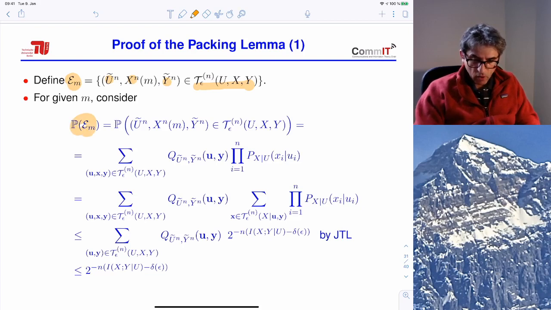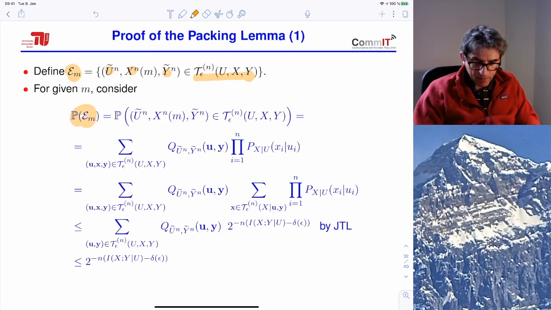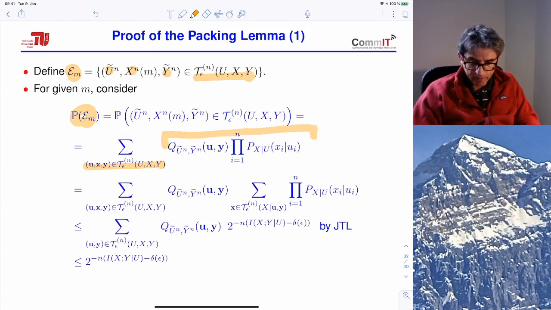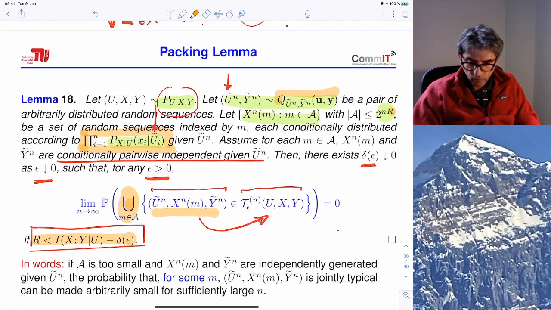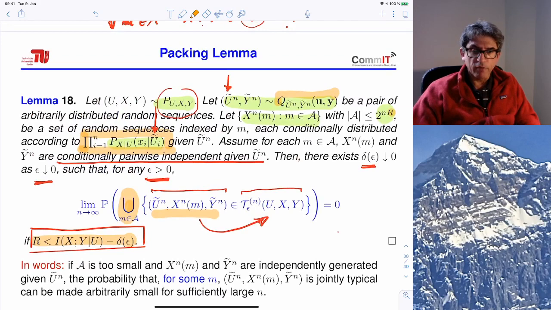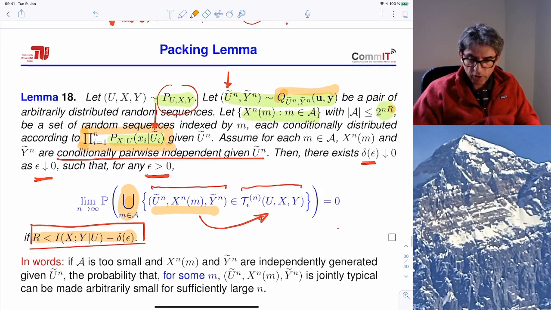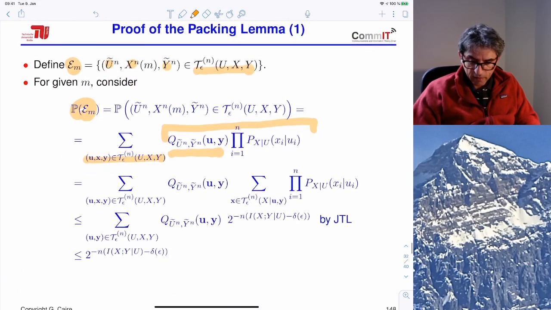This is obtained by summing over all triples x, y, u in the typical set the corresponding probability, and the corresponding probability is the probability of ũ, ỹ, which we know is q(ũ, ỹ), times the product conditional distribution of x given u, which is the way x is generated. So this is the probability.